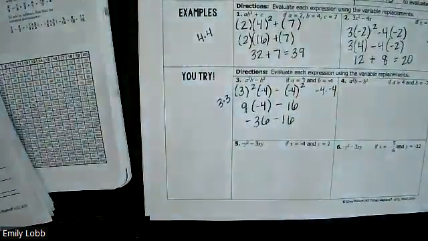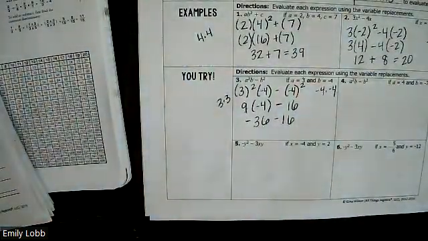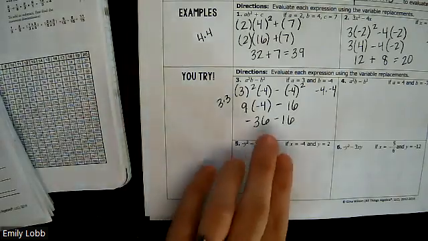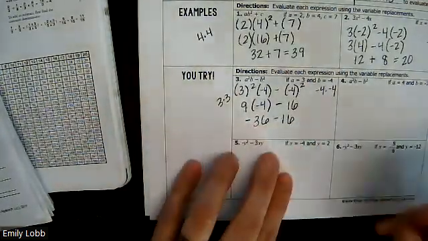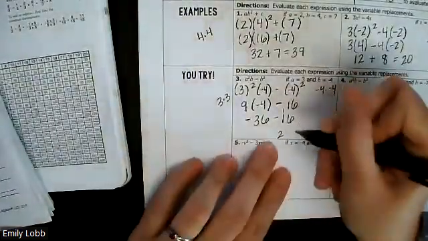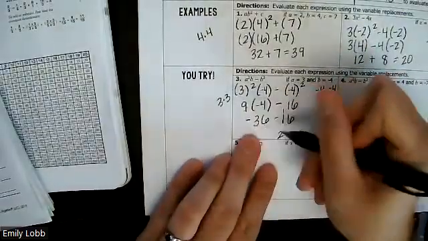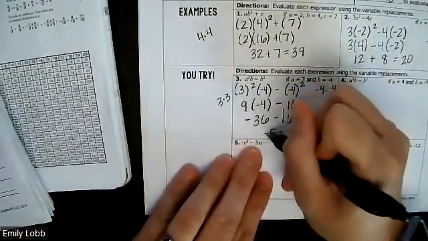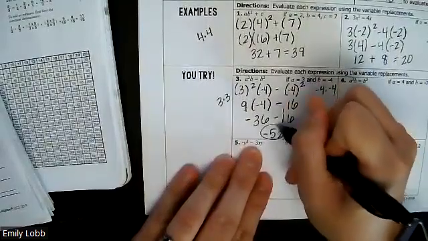Our signs are the same, or we're thinking we're getting more negative. We're going further left. So we're finding the sum. 6 and 6 makes 12. Carry the 1, 2, 3, 4, 5. -52.